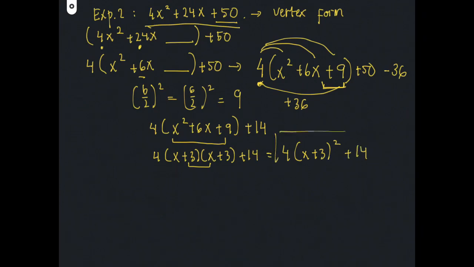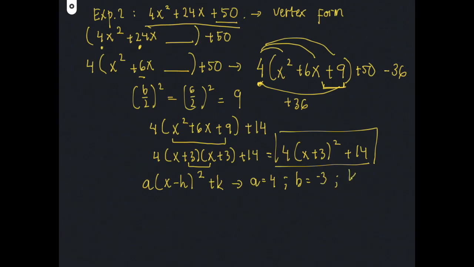Okay, now we got the vertex form, which is going to be a(x minus h) squared plus k. Looking at this, we know that a equals 4, h equals negative 3, the opposite, and then k is 14. So the vertex, again, will be (h, k), the coordinate, which is going to be h is negative 3 and k is 14.